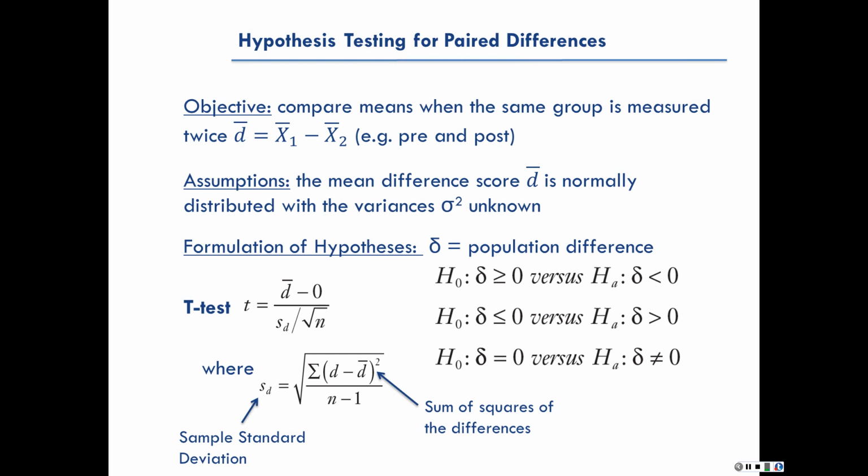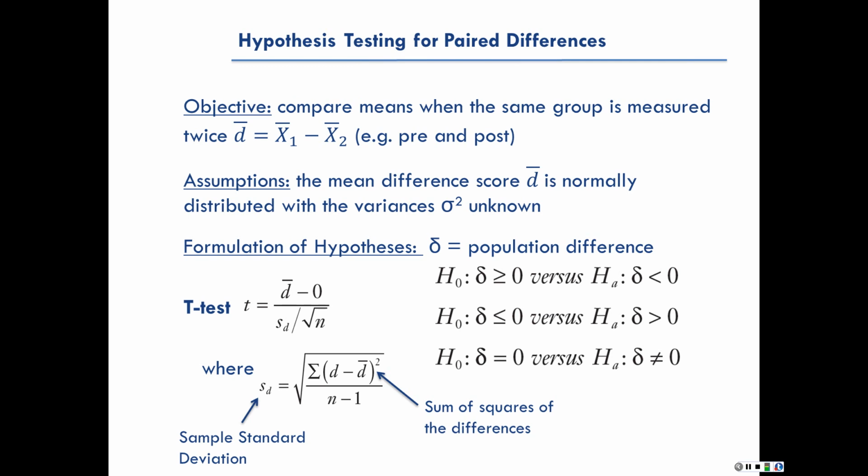The t-test is equal to the mean difference, the difference between the two means minus 0, over the sample standard deviation divided by the square root of n. The sample standard deviation is calculated a little differently here. You need to calculate the sum of squares of the differences.